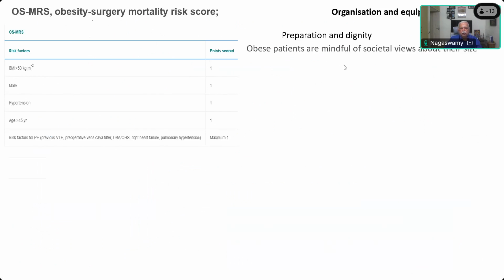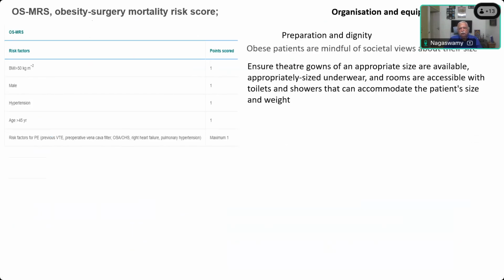Coming to some of the ethical and psychological factors for obese patients. Obese patients are mindful of society's views. They always have a subconscious feeling that people are looking or laughing at them. So this sort of complex will be there in these patients.